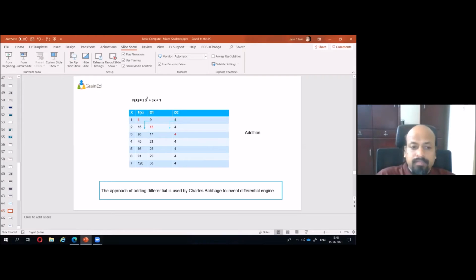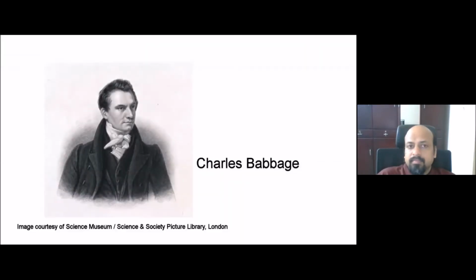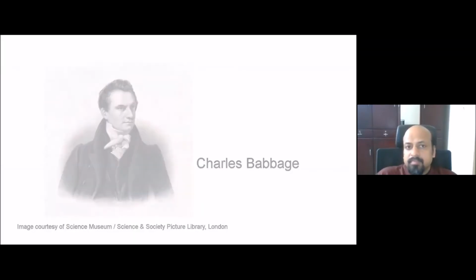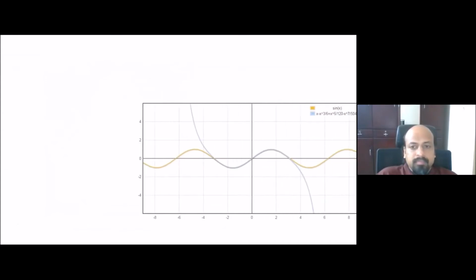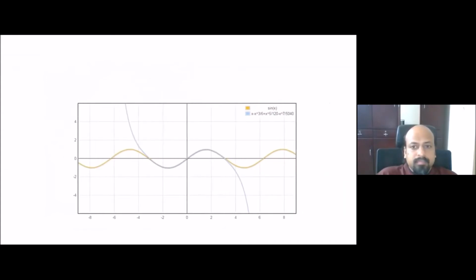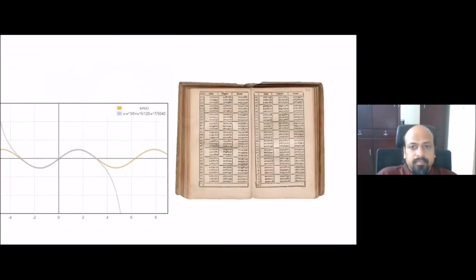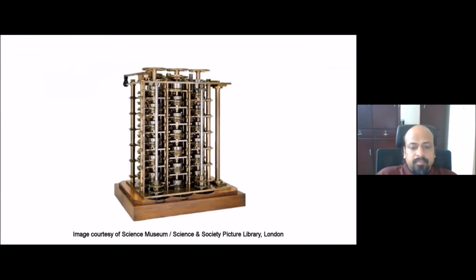In the 1820s, the English mathematician Charles Babbage began to design a mechanical device called a difference engine for computing polynomial functions. Babbage's goal was to eliminate all sources of human error in the creation of mathematical tables. The project was funded by the British government for 19 years, but only a small fragment of the machine was actually built.